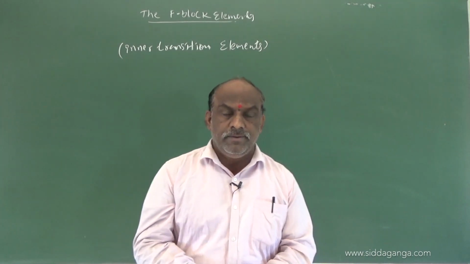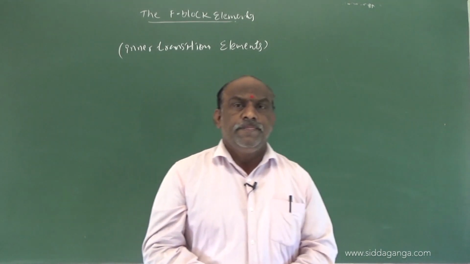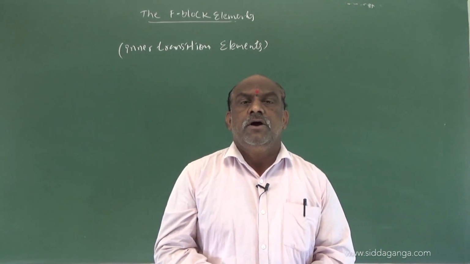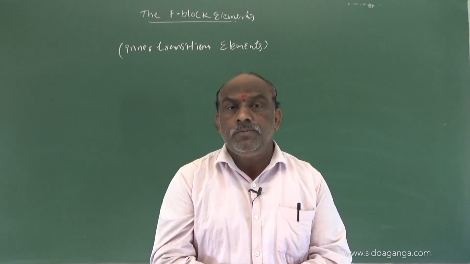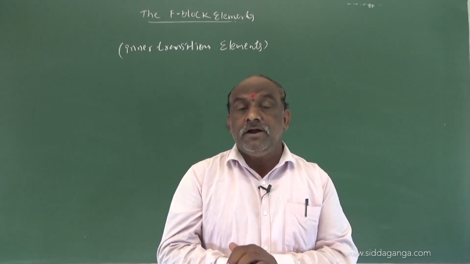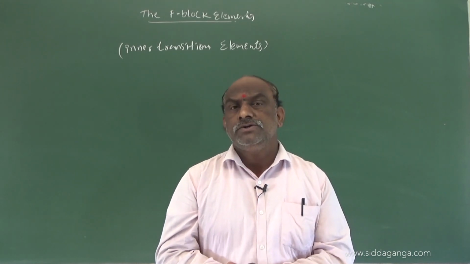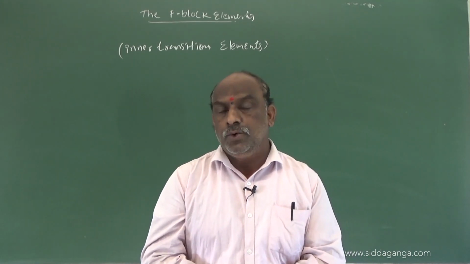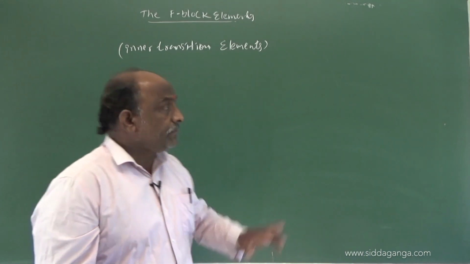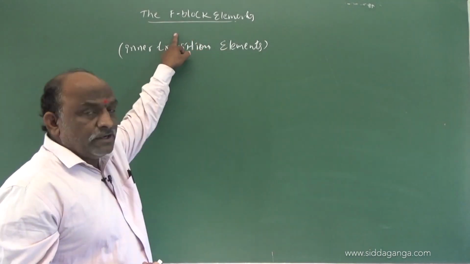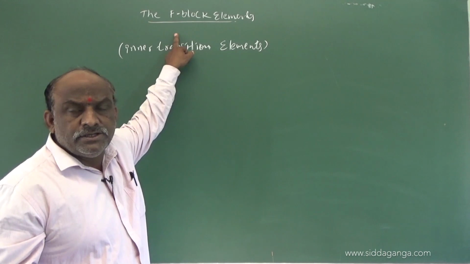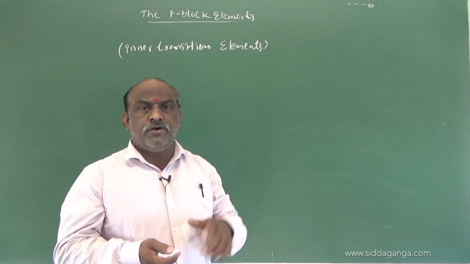These F block elements belong to 3B group, 6th period and 3B group, 7th period. F block elements belong to which group? 3B group. Here, F block means the differentiating electron enters the anti-penultimate shell of F orbital.